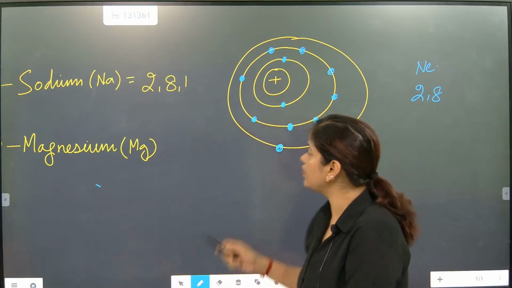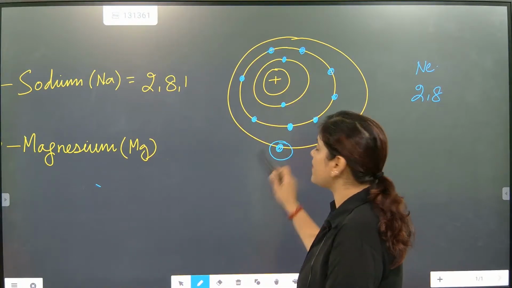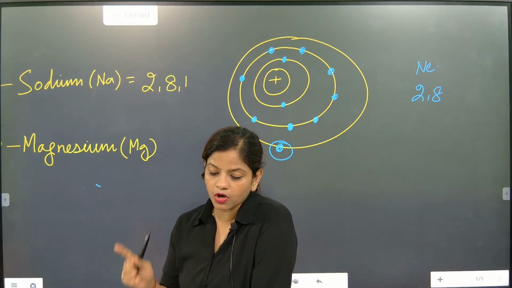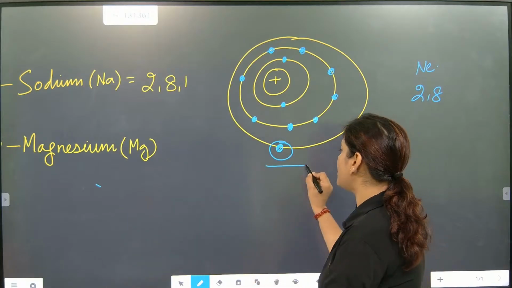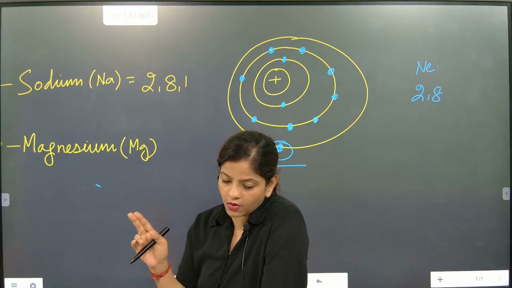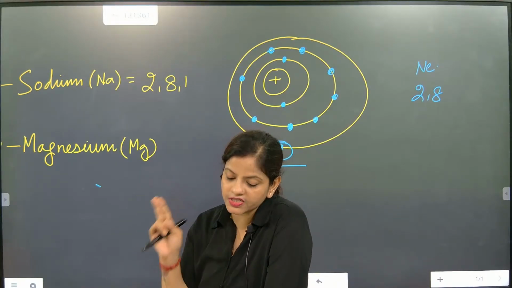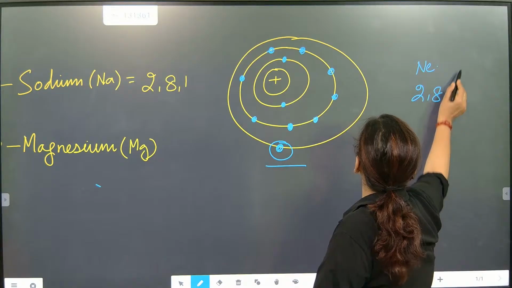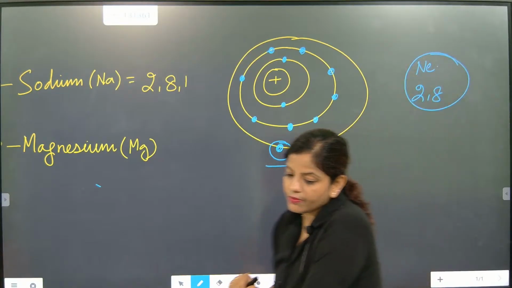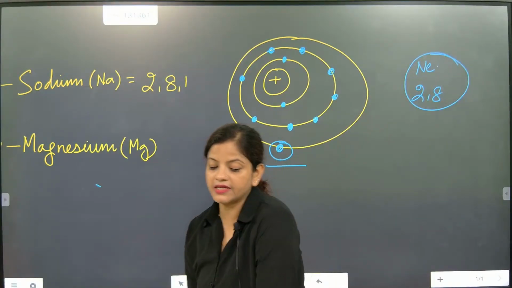What we are going to understand here is the valency. Since only one electron is in the outermost orbit, its valency is 1. It wants to gain the nearest noble gas configuration of neon, because neon is the nearest noble gas.